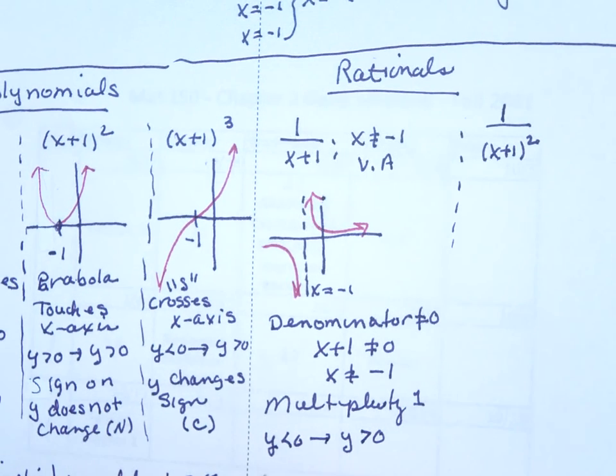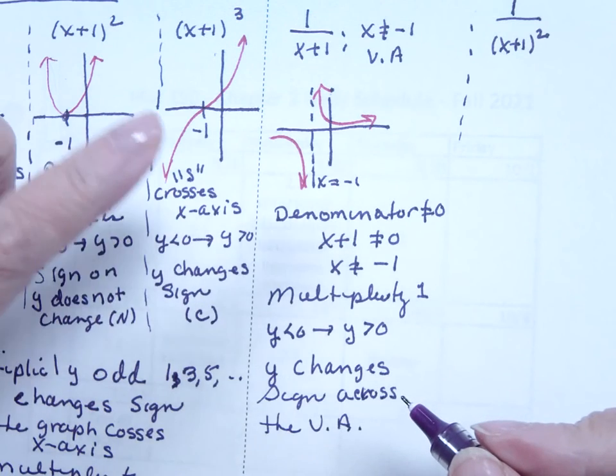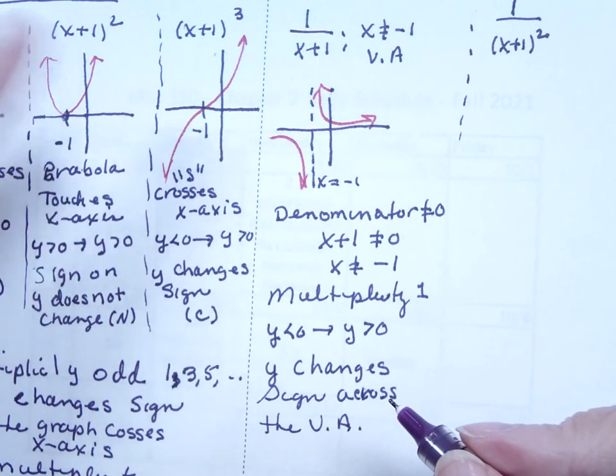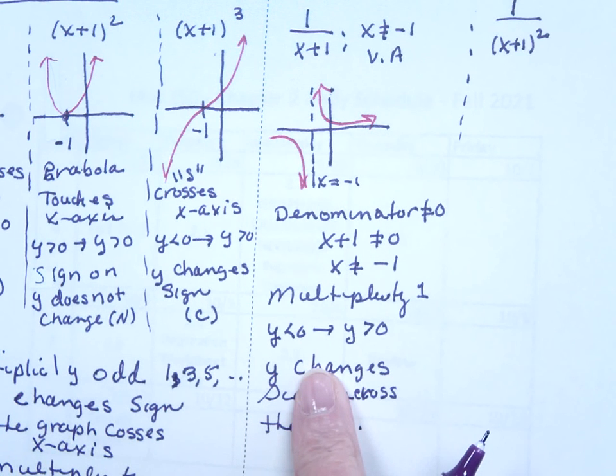So y changes sign across the vertical asymptote. Now that would be true of cubes and all the rest of it. So if the VA is odd, change sign across the asymptote. But what it can't be is a maximum or a minimum.